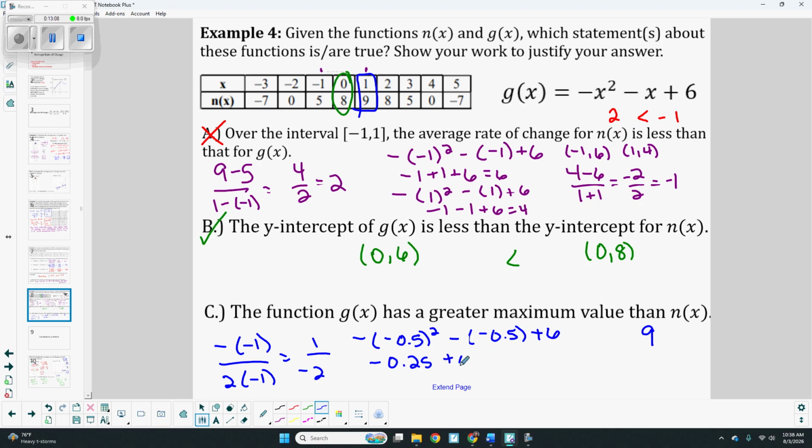Negative negative is plus 0.5 plus 6. So this is going to be a positive 0.25 plus 6 is 6.25. So g of x, which had a max value of 6.25, has a greater value than n of x, which had 9. So 6.25 is not greater than 9, so that is not true. And that's the end of the average rate of change.